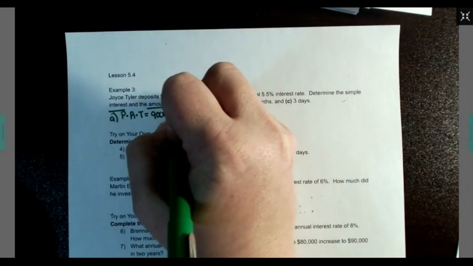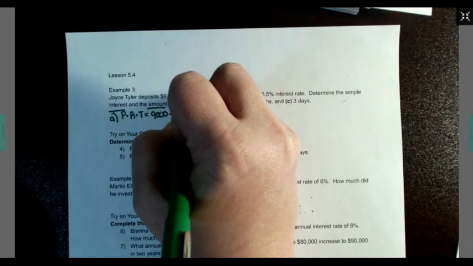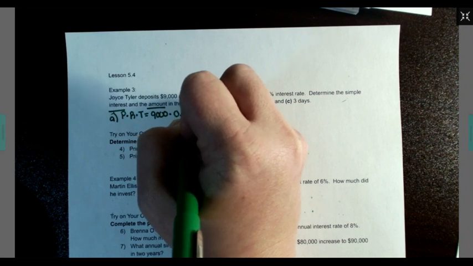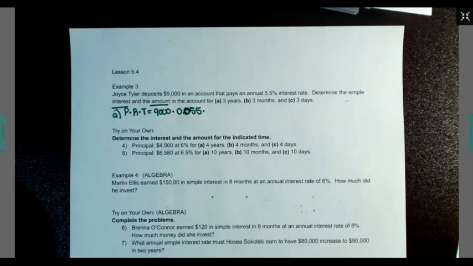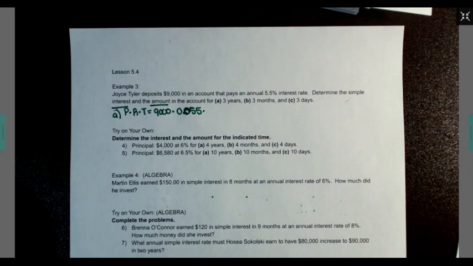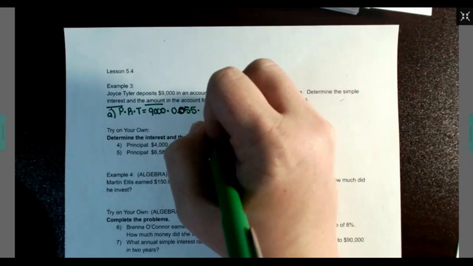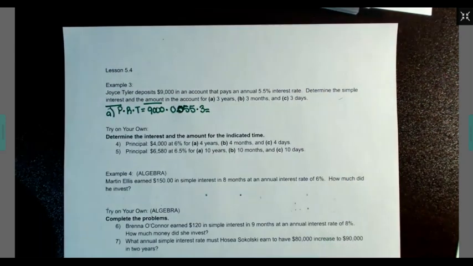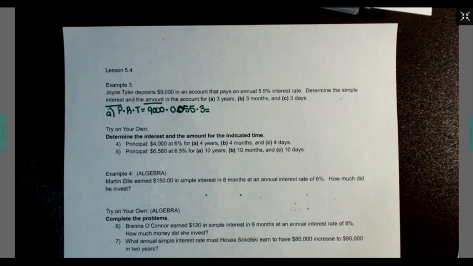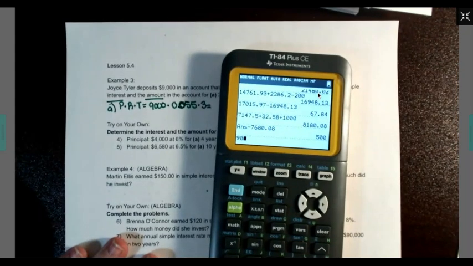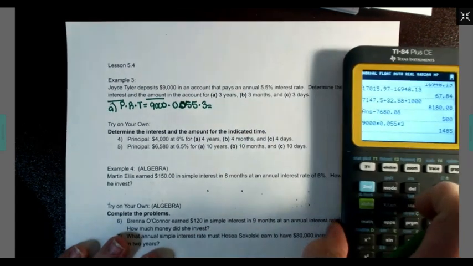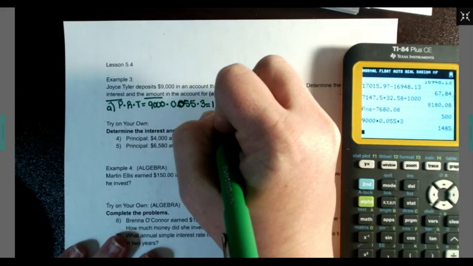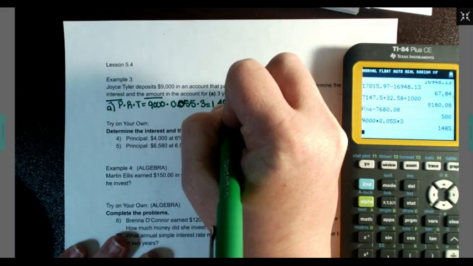The rate is that 5.5%, which I'm going to change to 0.055 times 3 years is the amount of time because we're talking about years. So I'm going to do 9,000 times 0.055 times 3. We would earn $1,485.